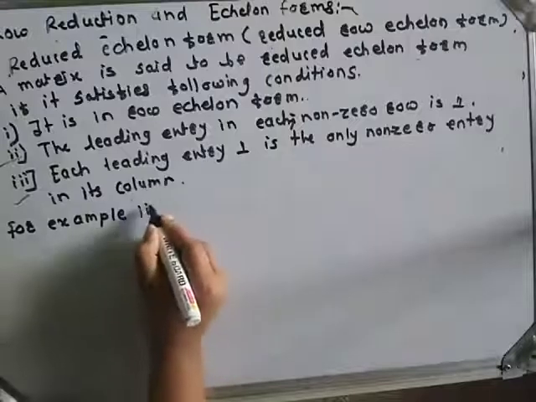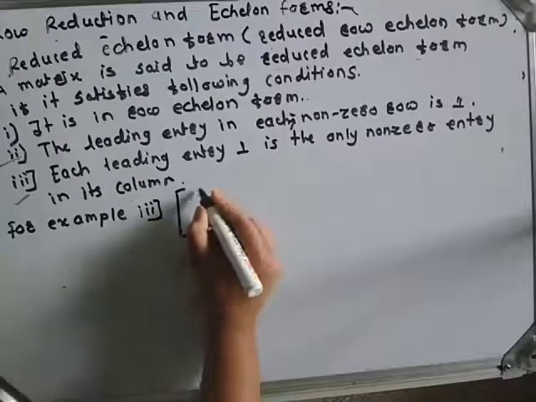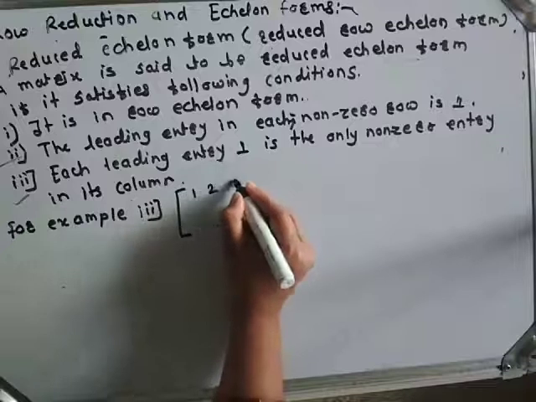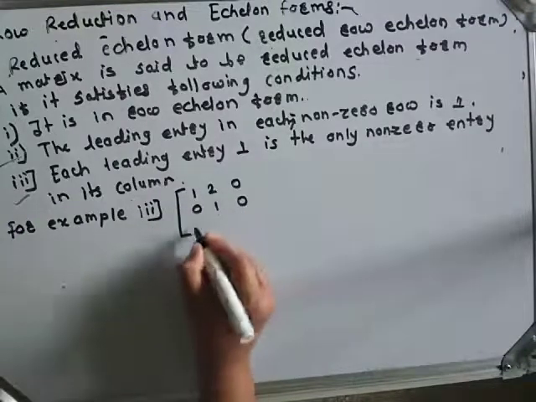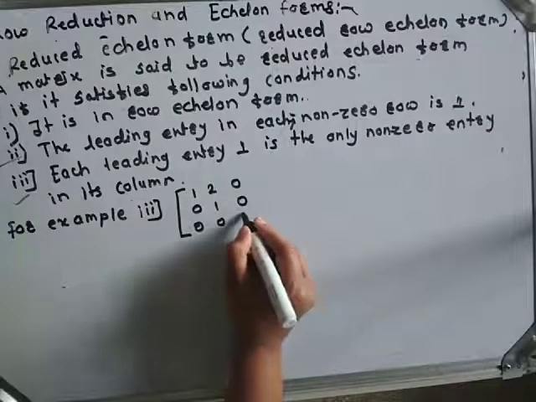Let us see example 3. Matrix 1 2 0, 0 1 0, 0 0 1.